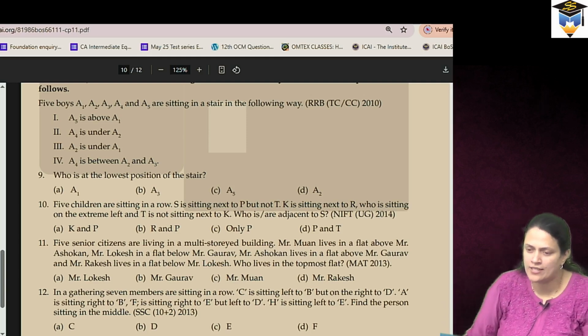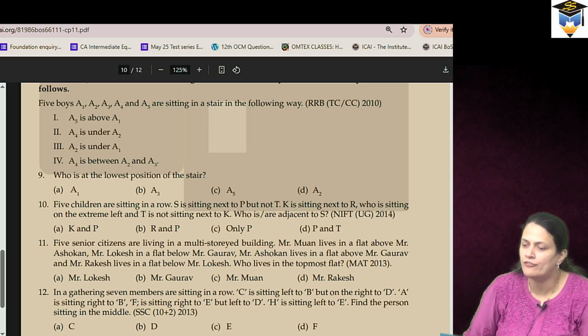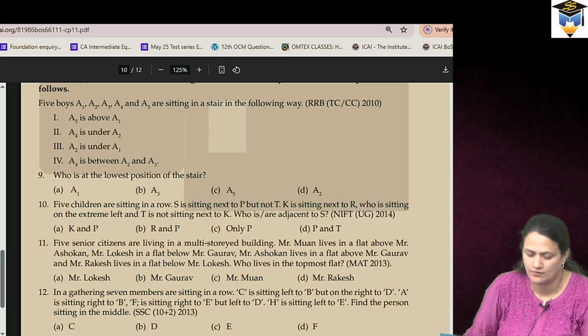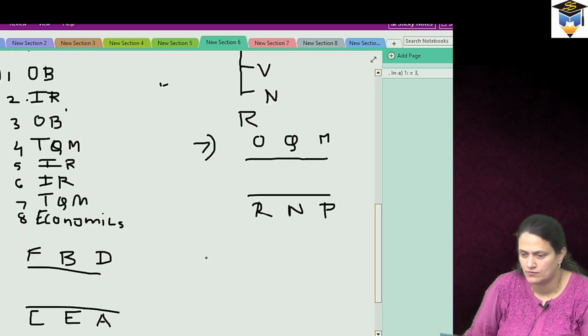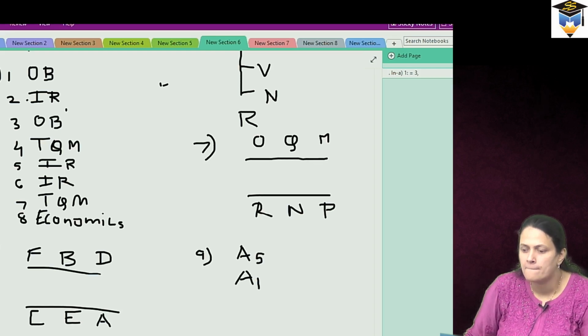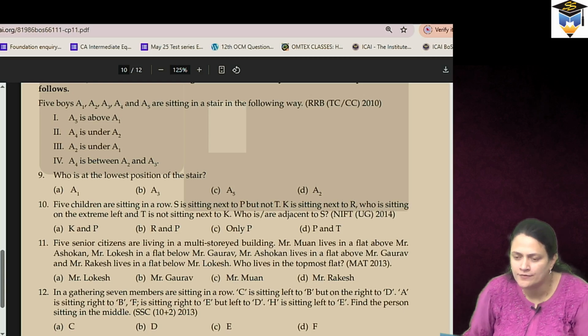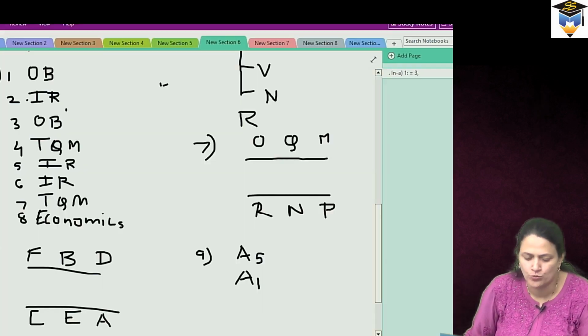Now they have asked you 5 boys A1, A2, A3, A4, A5 are sitting on a stair. A5 is above A1. Then A4 is under A2.